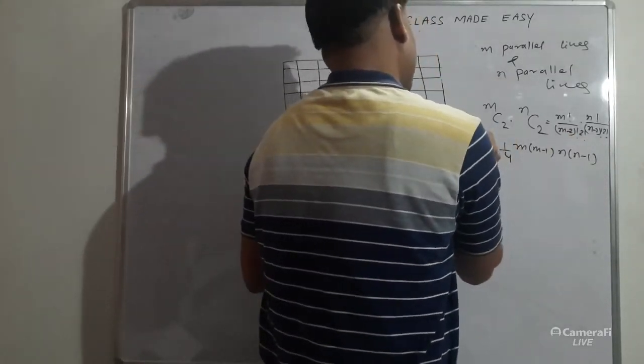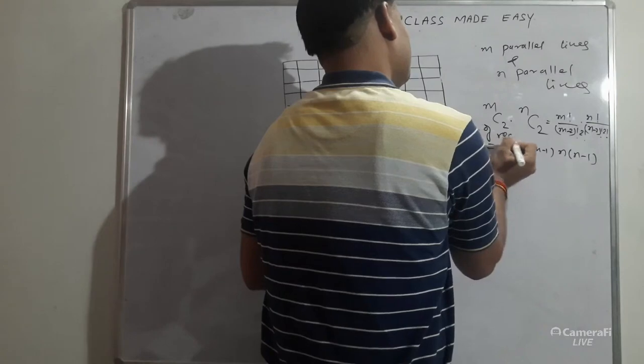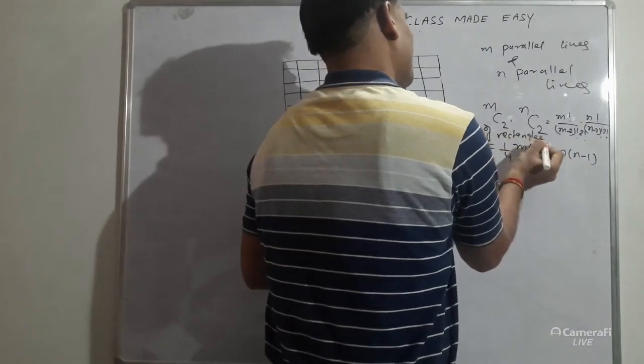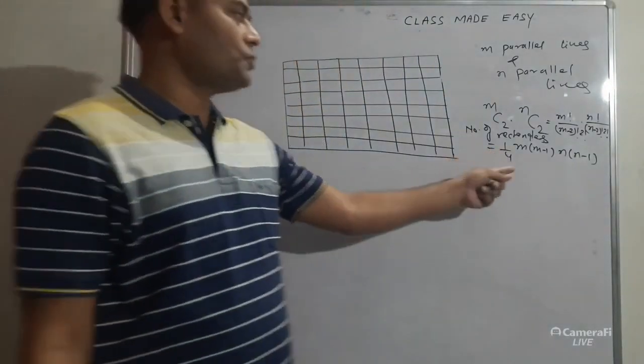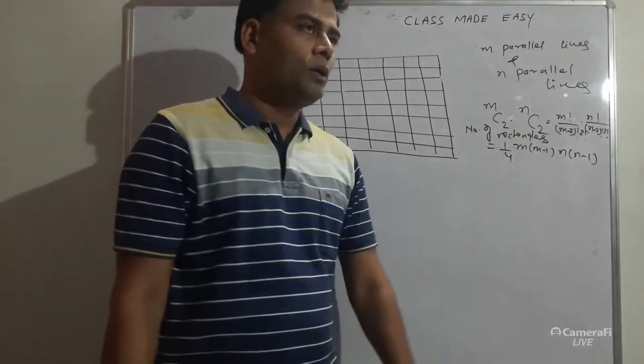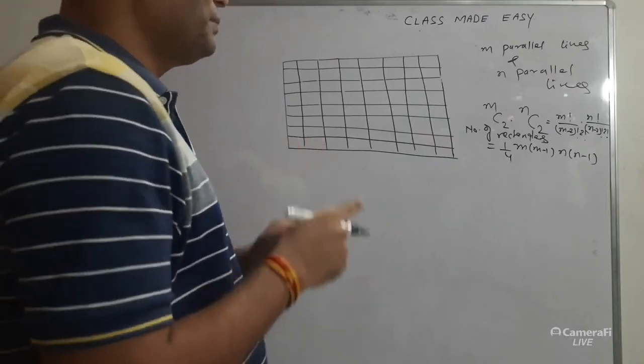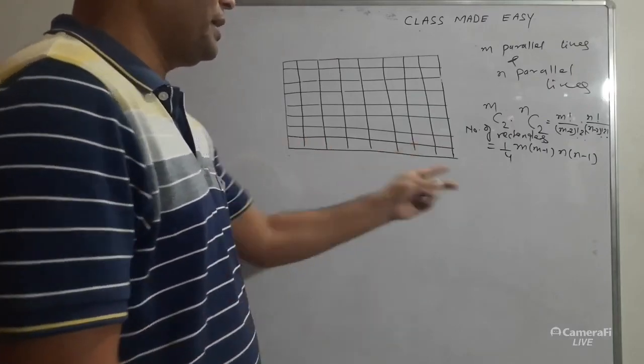So number of rectangles on a chessboard are 1 by 4 m into m minus 1, n into n minus 1.